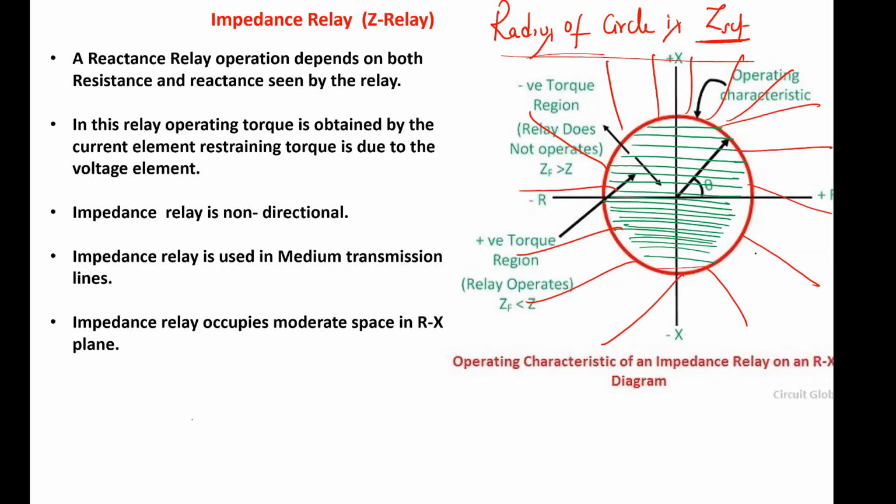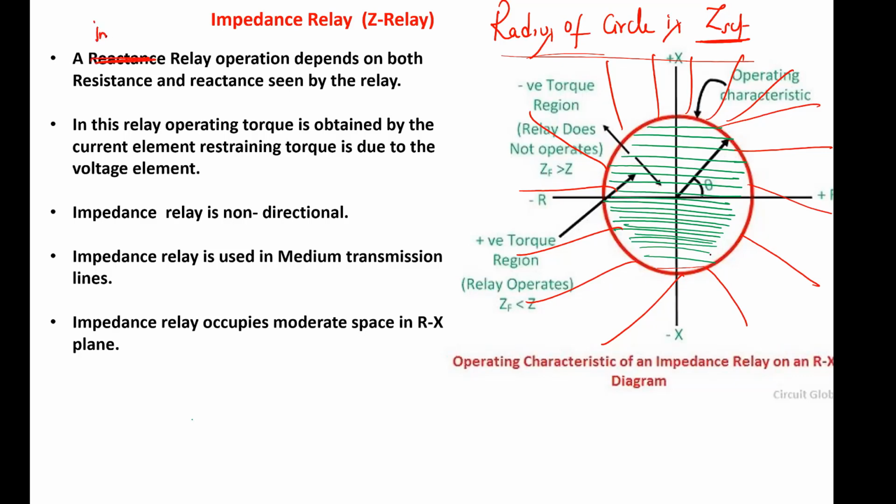So in this RX plane, our impedance relay characteristic is a circle with center at origin. Inside the circle, the relay will operate. Outside or on the circle, the relay will not operate. Understand? So here I wrote reactance, it is wrong.